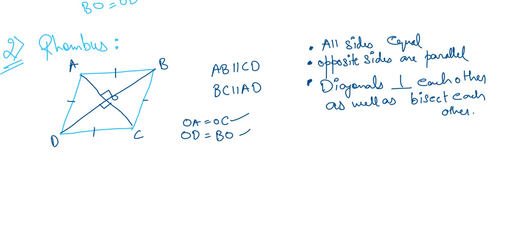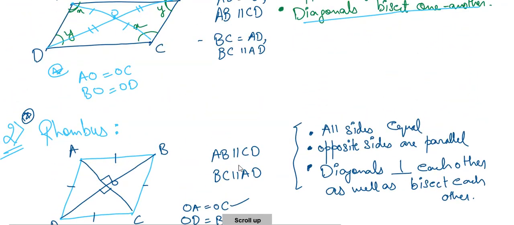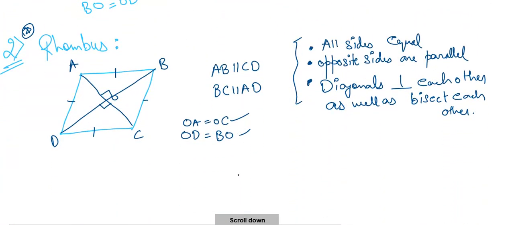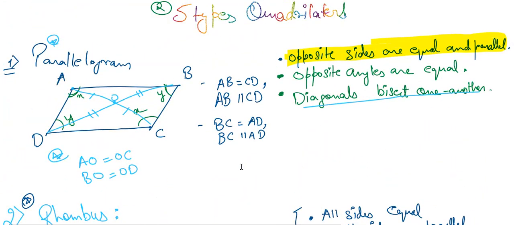So if any quadrilateral satisfies these three properties simultaneously, remember the word simultaneously, I would name that quadrilateral a rhombus only then. If you are comfortable with these two types of quadrilaterals, all the things have been done.